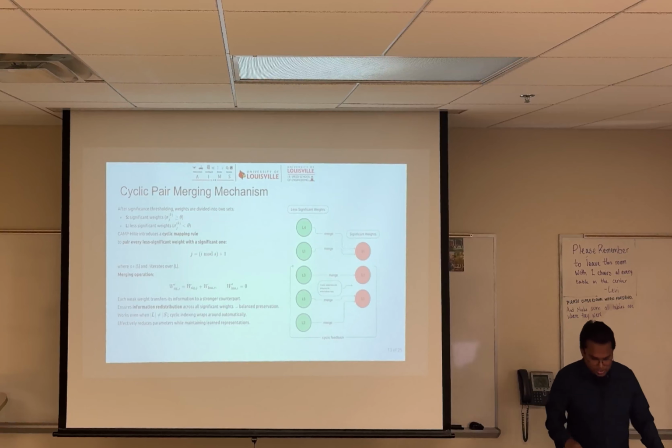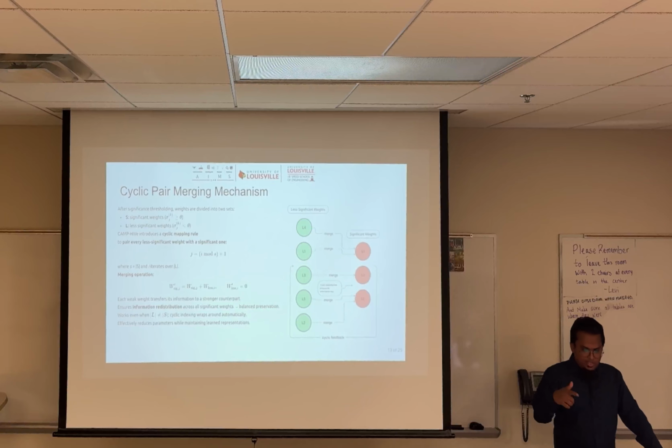Even if the significant set and the less significant set are not the same size, the pairing wraps around automatically, so every weak weight finds a home.